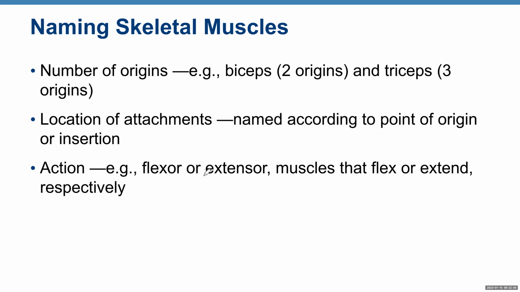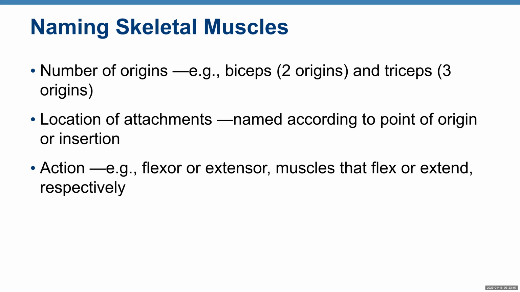Adductor magnus: muscles that adduct your thigh, and it's a large one, and so on. So names can be pretty long, but the longer the name is, the more information you get from the name about the location and function of the muscle.